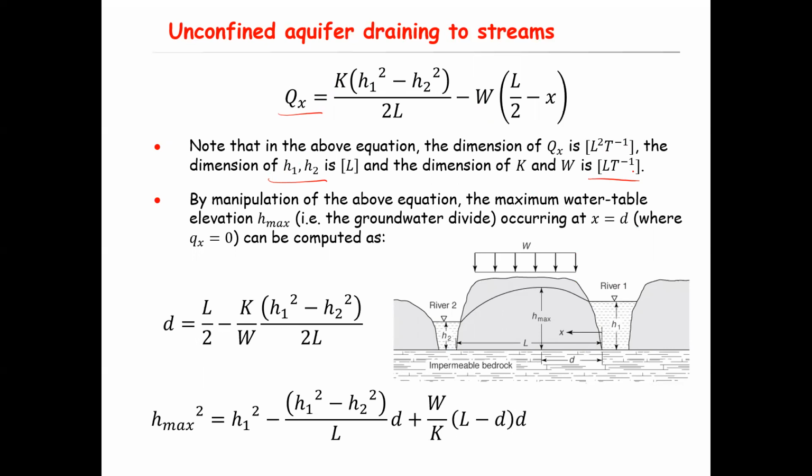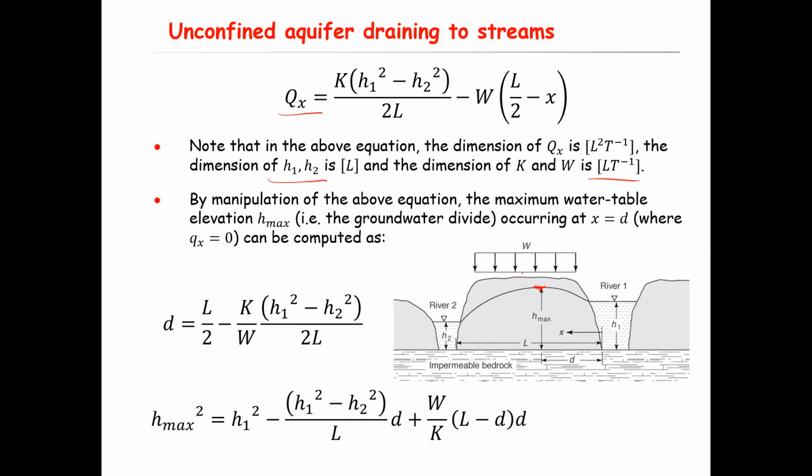Sometimes we want to know the maximum elevation of this water table, that H max here, as you can see. That is called the groundwater divide, and we also want to know its location. Using this equation, we can easily calculate that. We know that at the maximum, dH over dx is equal to 0.